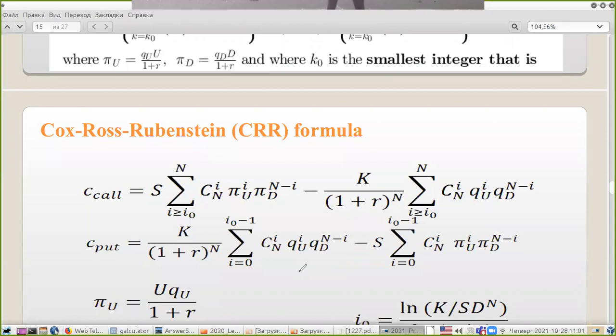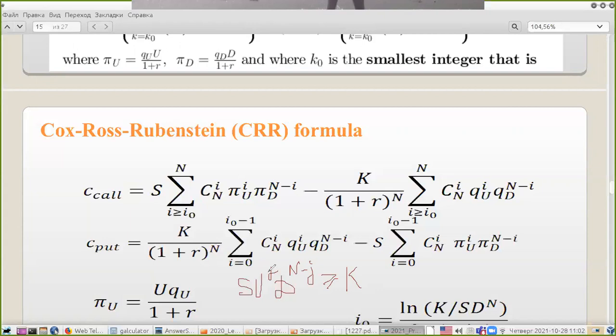So we can write this inequality as S, U to the power G, D to the power N minus G, more than K. And how can we solve this and find this G?